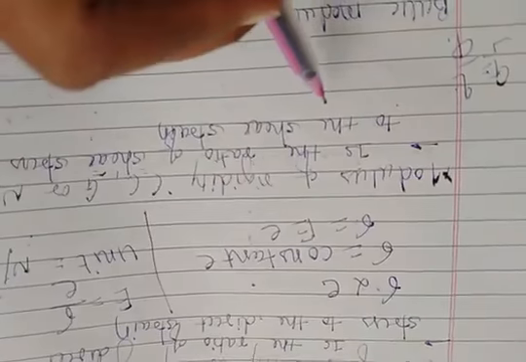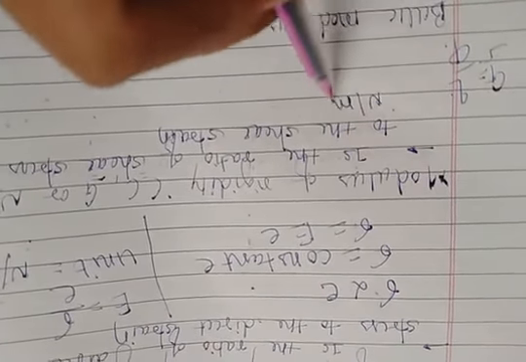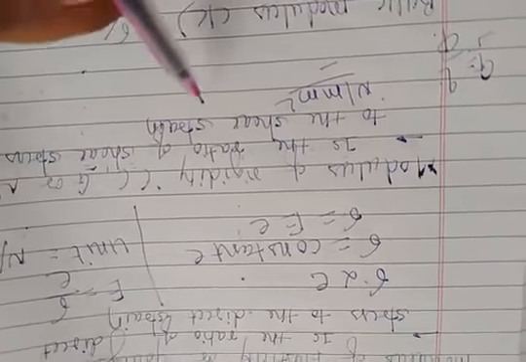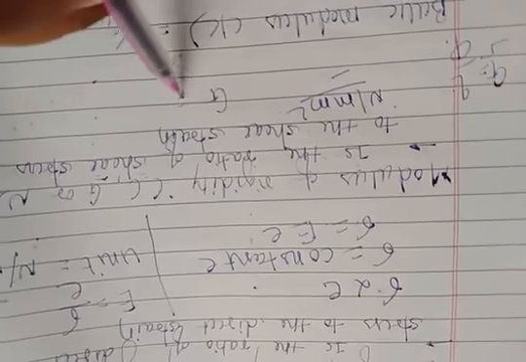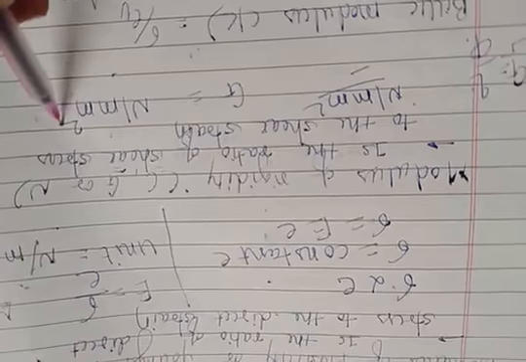Again the unit for shear stress is Newton per mm square and shear strain has no unit, hence the unit for modulus of rigidity is Newton per mm square.